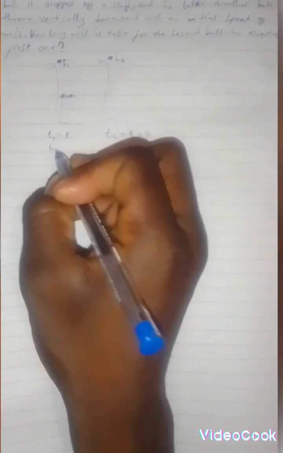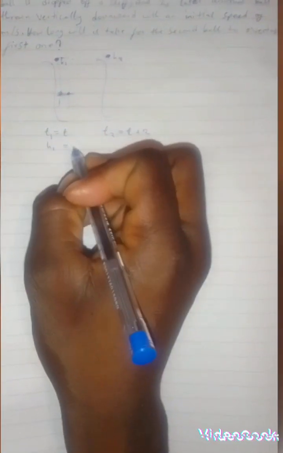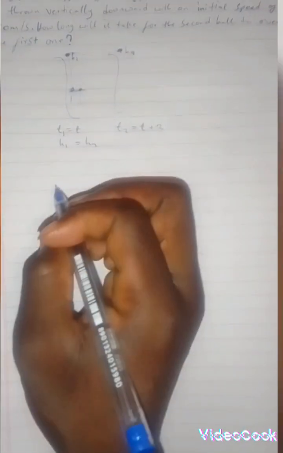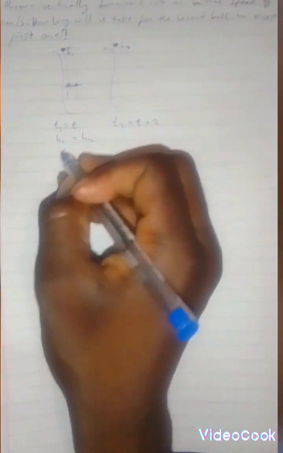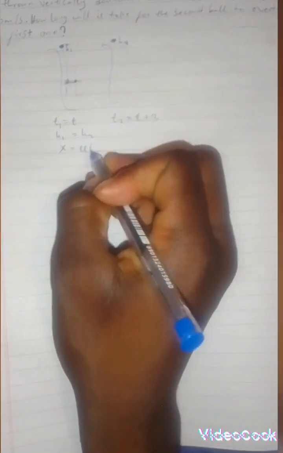Okay? Now, what are we going to do? We have known to say distance 1 was equal to distance 2, since there was overtaking. Then we'll go ahead and illustrate this information. We know that according to the equations of motion, we have the equation which says x is equal to initial velocity multiplied by time plus 1 over 2 multiplied by the acceleration times time squared. So this is distance.